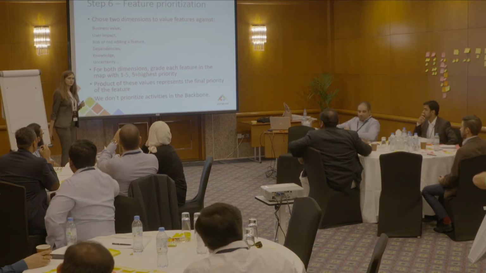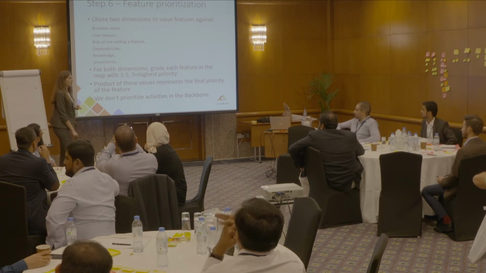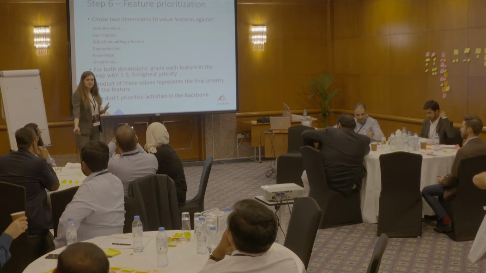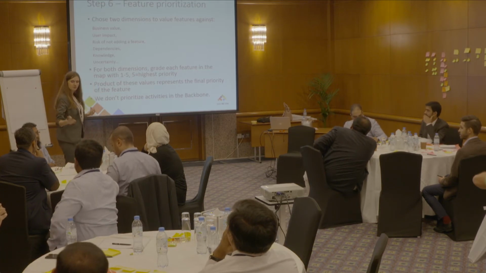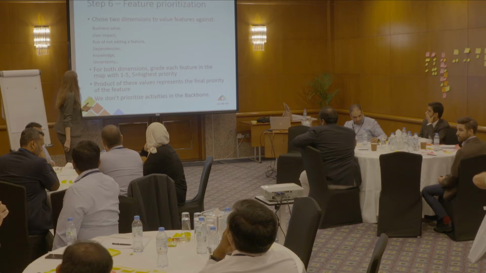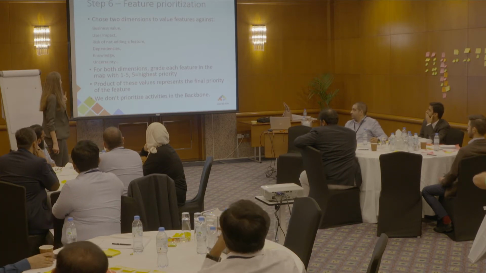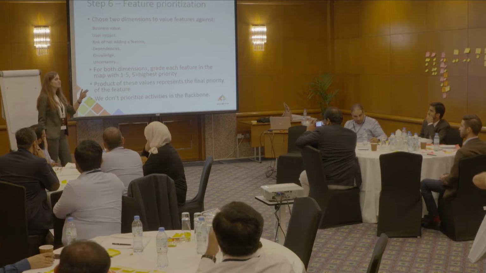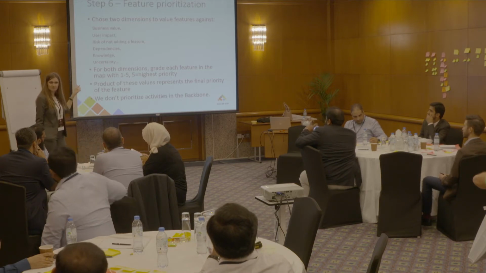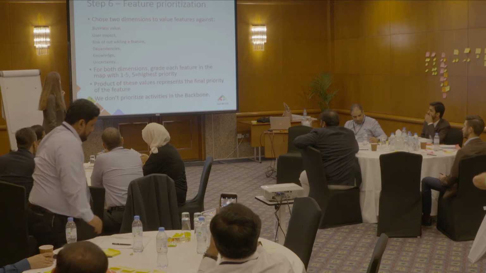For this exercise, we will choose 2 dimensions to prioritize these features against. For example, business value, user impact, risk or danger of not adding the feature for the product. This is the one I like a lot.